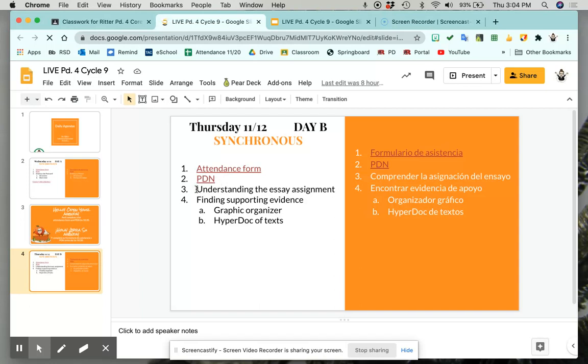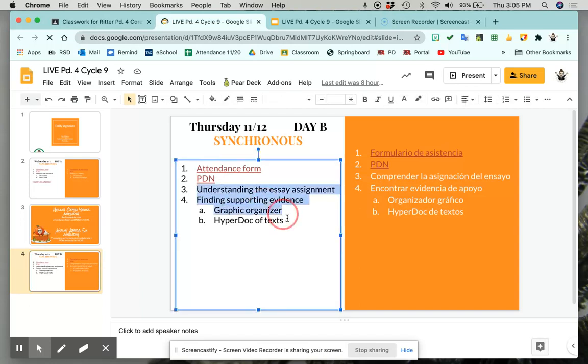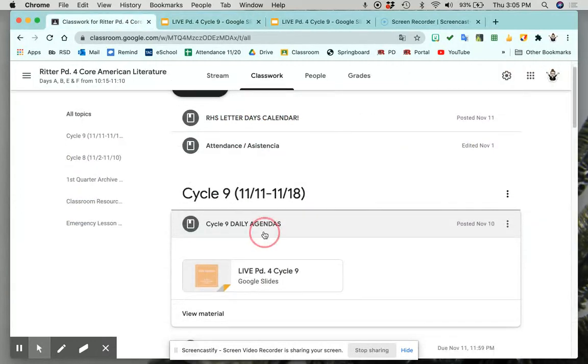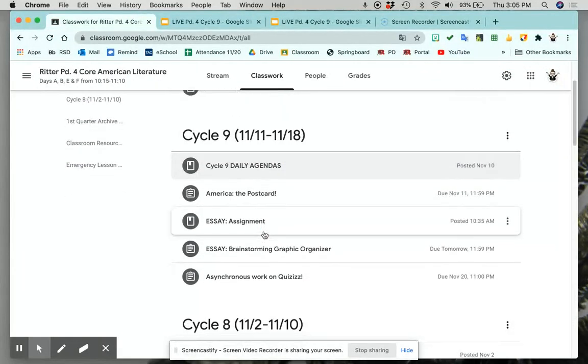And you can see here that what we did was understanding the essay assignment and then finding supporting evidence using a graphic organizer and a hyperdoc of texts. So I will show you where to find those in the classwork tab and then how to use them.